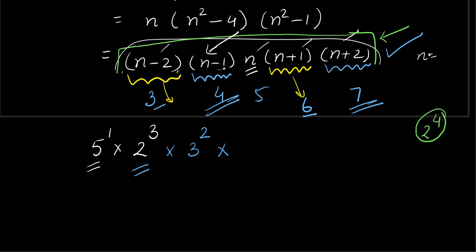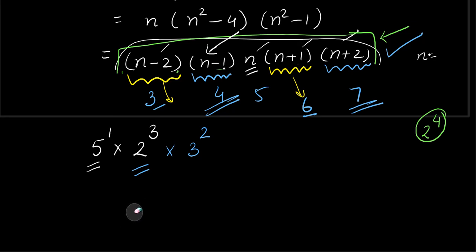Overall, we noticed that whatever number you are taking, if you are taking the product of 5 consecutive integers, every time it is going to contain 5 power 1, 2 cube and 3 squared. In a non-zero number, you will see these three things every time. Now, if all the numbers in the set S are considered, then the 0 numbers I have already separated.